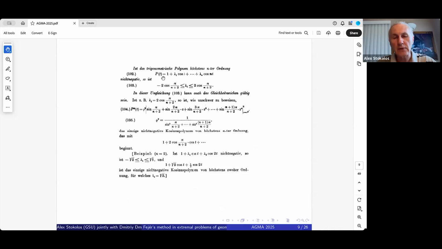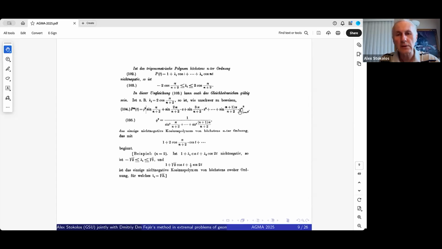So if you have a trigonometric even polynomial starting with 1, then the estimate for the first coefficient is this one. You see 2 times cosine, so the absolute value is bounded by 2. And he found the extremal polynomial in this form. So it's an algebraic polynomial with nice coefficients, absolute value squared on the unit circle.